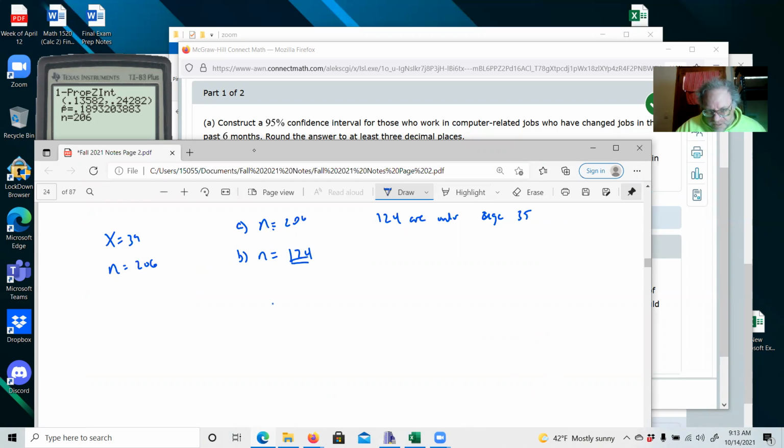Let me do the formula for us. We have p hat plus or minus z square root of p hat (1 minus p hat) over n. In this case, n is equal to 206. We have p hat plus or minus z square root of a different p hat, so we'll put little subscripts here, 1 and 2.